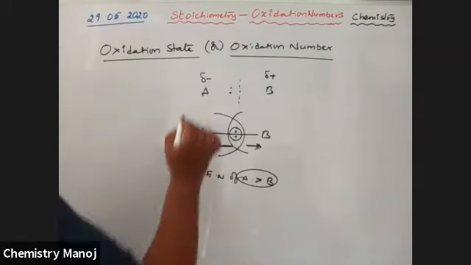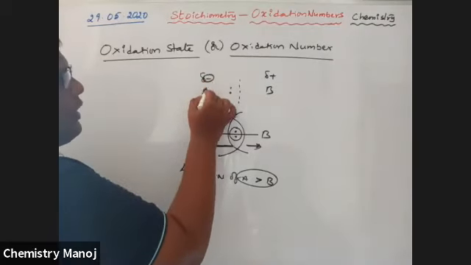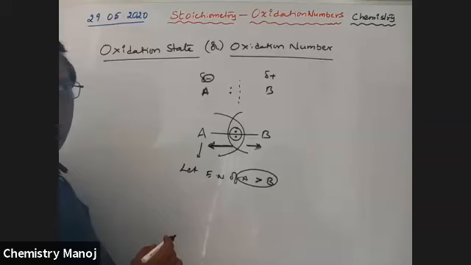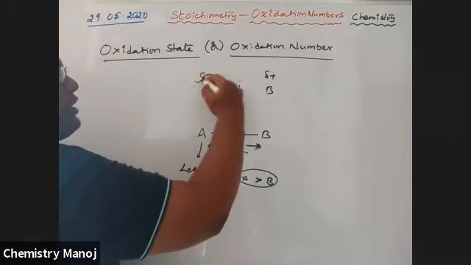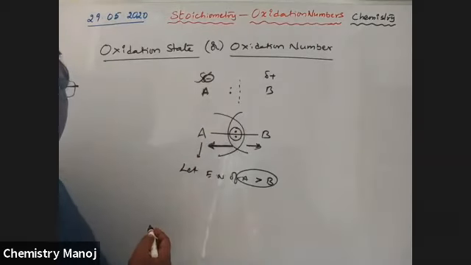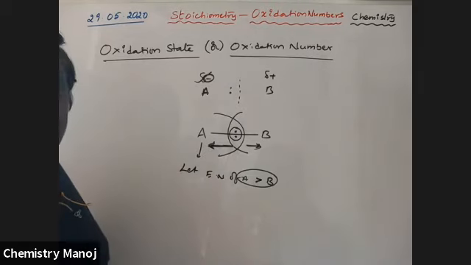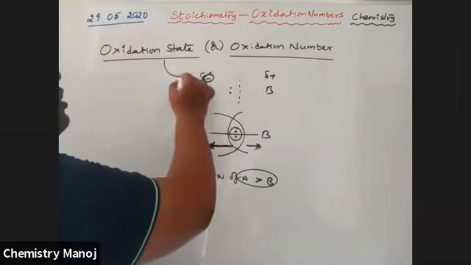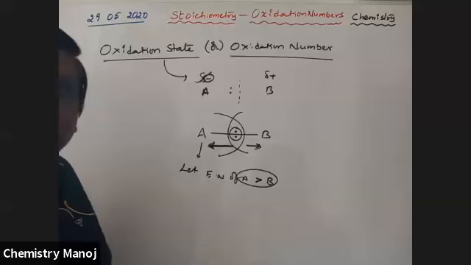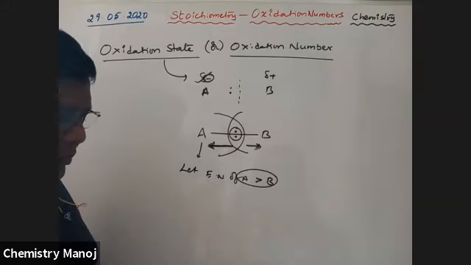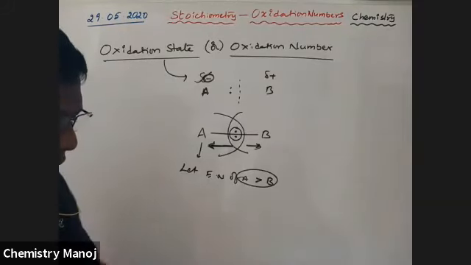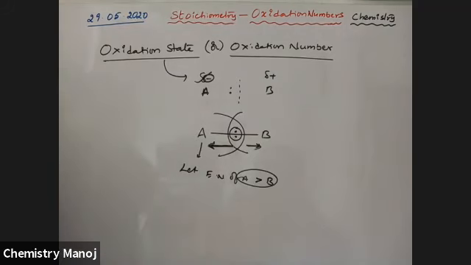That means a charge has appeared on that particular element. The charge developed on an atom in its molecule is nothing but the oxidation state or oxidation number. It is the charge that appears on the element in its molecule.